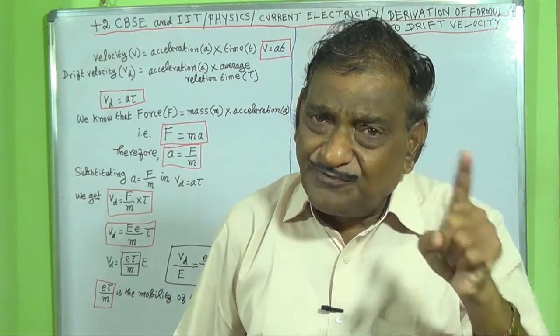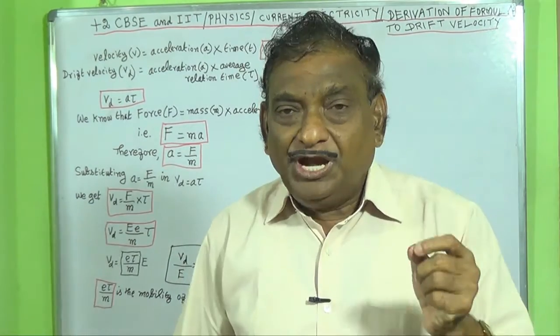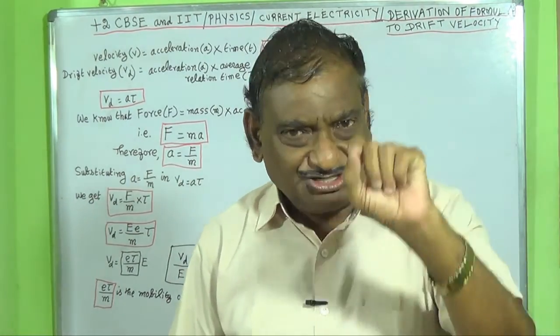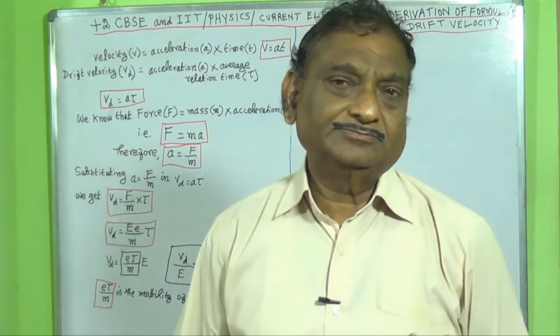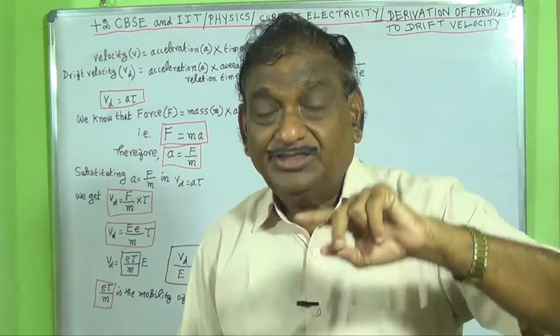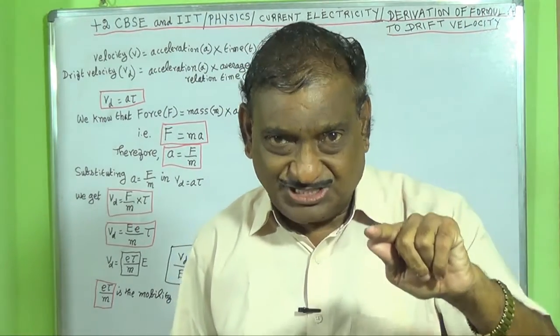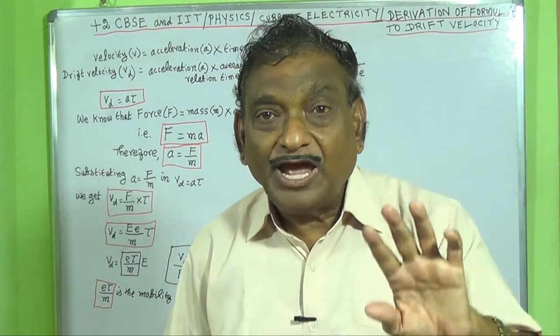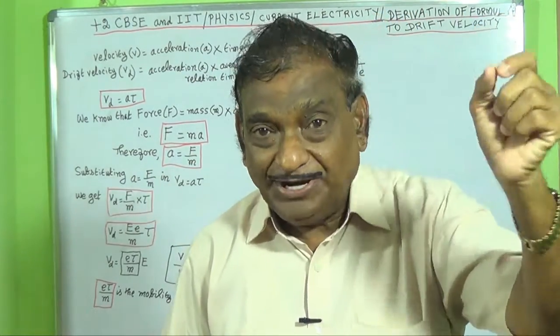So what is the difference between mobility and drift velocity? Mobility is the drift velocity when one unit electric field is applied. In the case of drift velocity, more than one unit electric field may be applied.